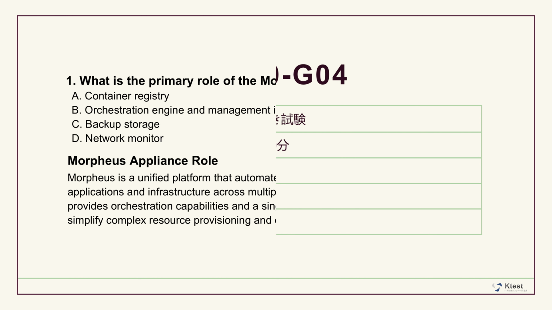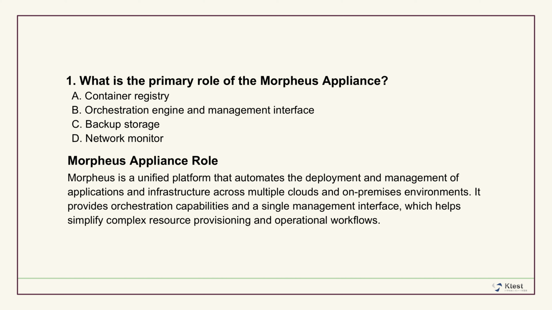Okay, so let's get into it, starting with the real heart of the platform, according to this material, the Morpheus appliance itself. When the source asks about its main role, what's the key takeaway? Well, the source is pretty clear on this one. Its primary role is being the orchestration engine and the main management interface. Orchestration engine and management interface.